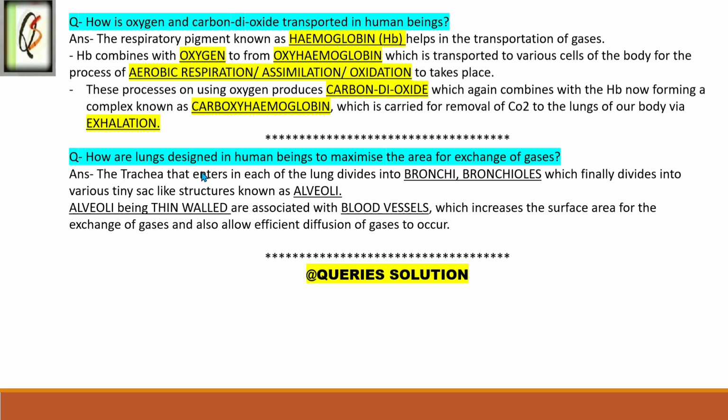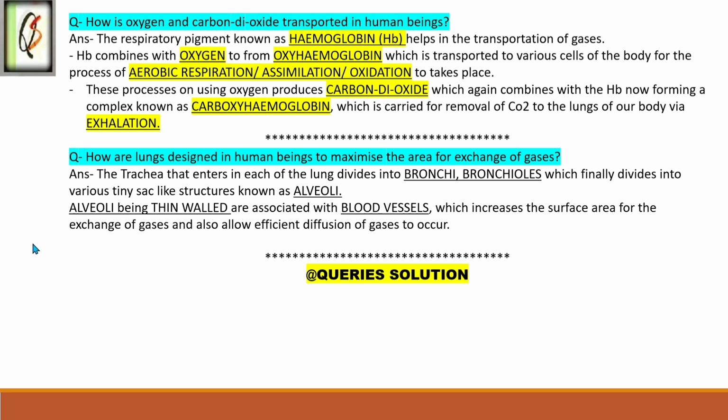The trachea that enters each lung divides first into bronchi, then bronchioles, and finally into tiny sac-like structures known as alveoli. So what is the importance of alveoli? These alveoli are thin walled; they are not thick, but very thin walled, and they are associated with the blood vessels of our body. That's what we talked about in this question also: the oxygen and CO2 will be exchanged with the blood associated with your respiratory system.